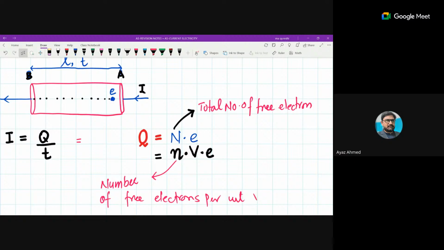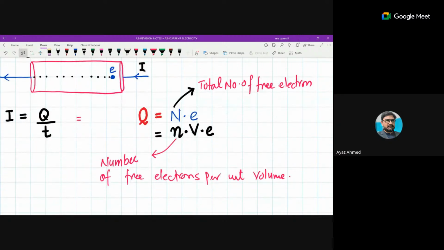I will put some exam derivation in the code. Don't worry, because I'm going to make you clear. That's why I just made this scattered. Now you will ask, what is the volume of this wire or this entire conductor? The volume is equal to area of cross section into length, isn't it?